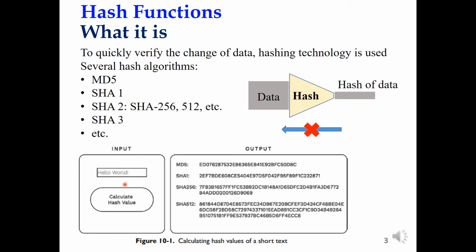For example, if we input the message "hello world" and calculate the hash value, each hash function will generate a different hash value. MD5 generates a hash value like this, SHA1 is like this, SHA256 is like this, and this is the hash value of SHA512. Okay.